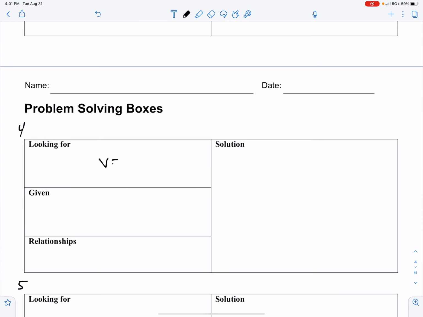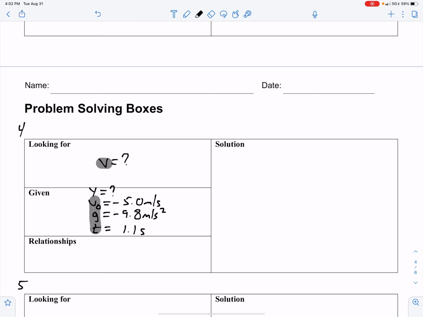Well, again, we're looking for V. We do not know the height from which the water balloon was dropped. We do know the initial velocity was negative 5. We do know G is negative 9.8. And we do know T was 1.1 seconds.